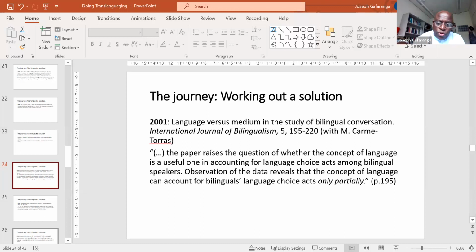And I think people should notice this. I'm not rejecting the notion of language outright. I'm saying there are situations where it can apply, but it does not apply everywhere. That's probably different from what translanguaging theorists hold, who reject language outright. I say it can account for some of the data. It applies in some cases.